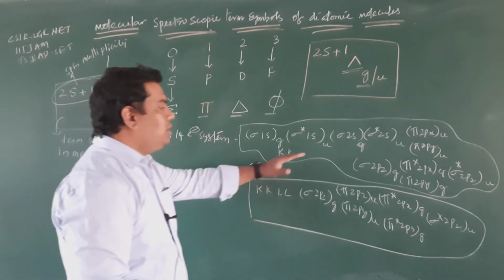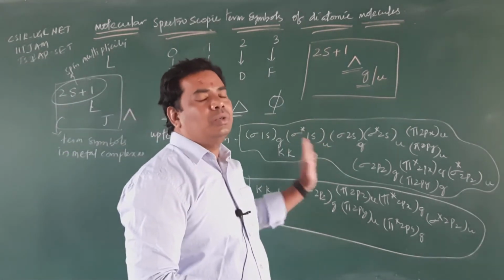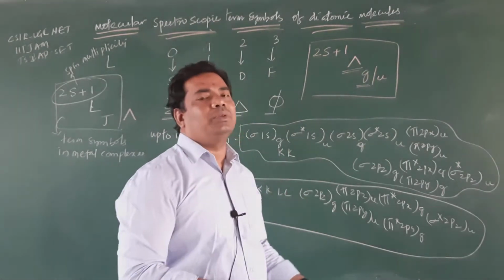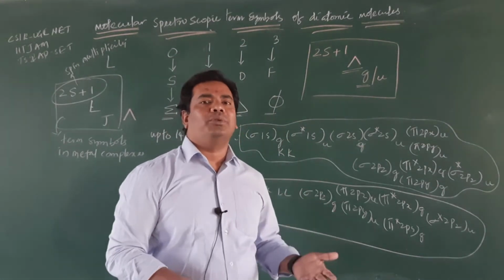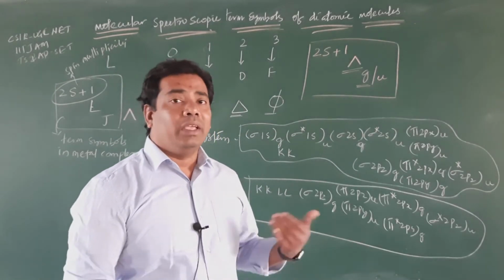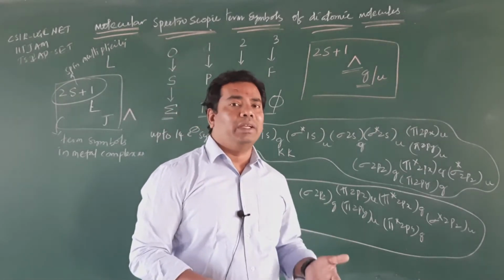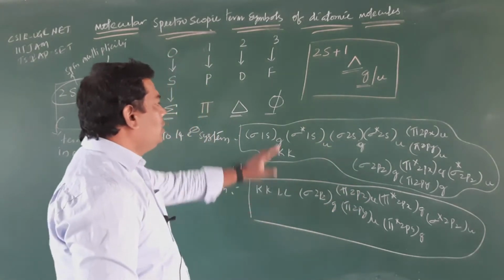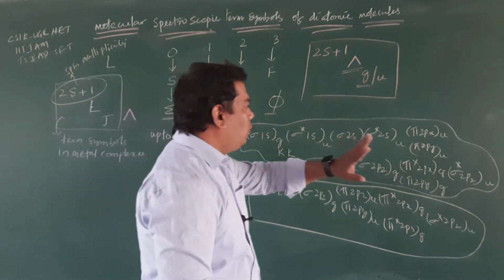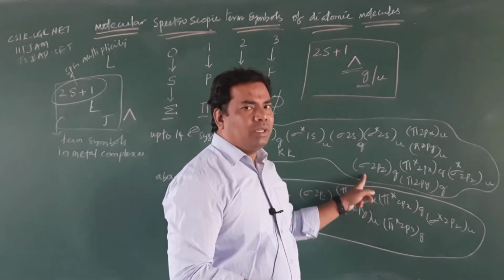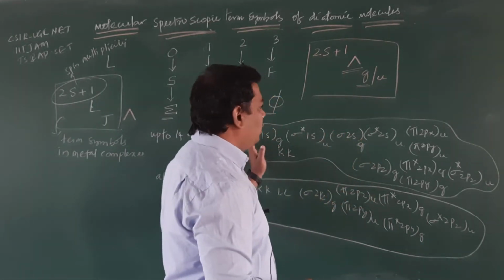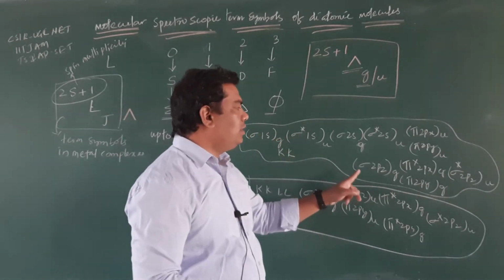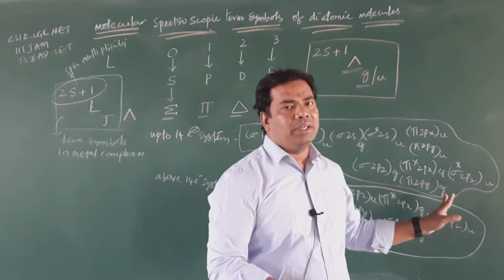So it is very easy to determine the term symbol for various examples like H2, H2 plus, He2, He2 plus, Li2, B2, C2, N2 plus, N2, O2, O2 minus, O2 plus, O2 minus 2, F2. Please remember only one thing: in all sigma cases, meaning without star, gerade will be present.